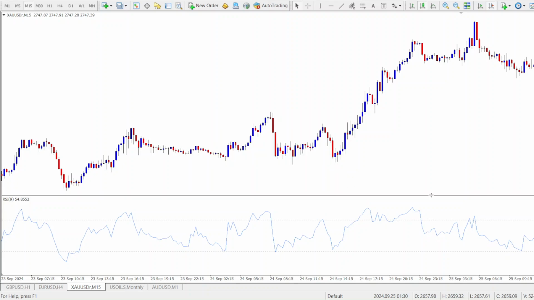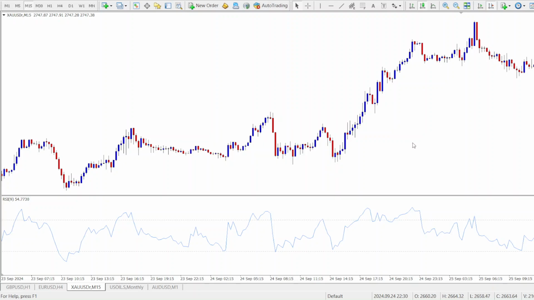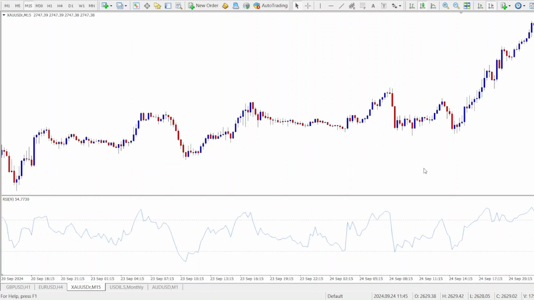Depending on how fast you want the RSI to respond to price changes, you can choose what value you want to use in this period. This adjustment can help you get more responsive signals, which is vital when the market is moving quickly.